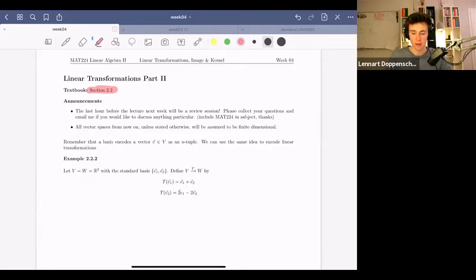And this helps us to encode the information of a vector completely in an n-tuple of numbers. Now, the cool thing is we can further exploit this, and we will observe, and that's the goal of the first half of today's lecture, that we can encode the information of a transformation entirely in a matrix.